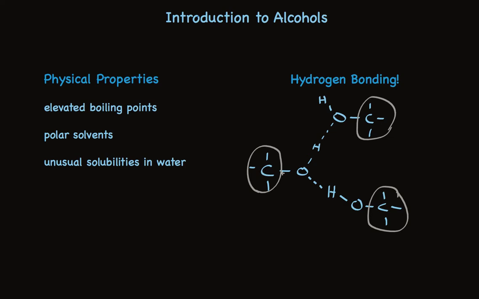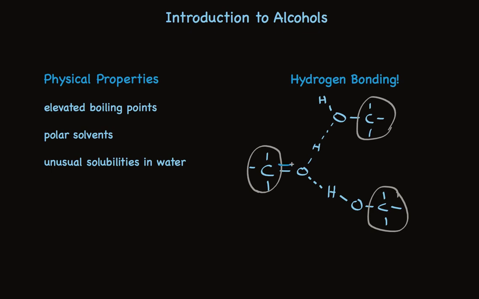So we have 2 types of hydrogen bonding, one to the oxygen with the hydrogen of another molecule, one to the hydrogen with the oxygen of another molecule. All this makes for strong intermolecular interactions that hold molecules more tightly together and account for elevated boiling points.